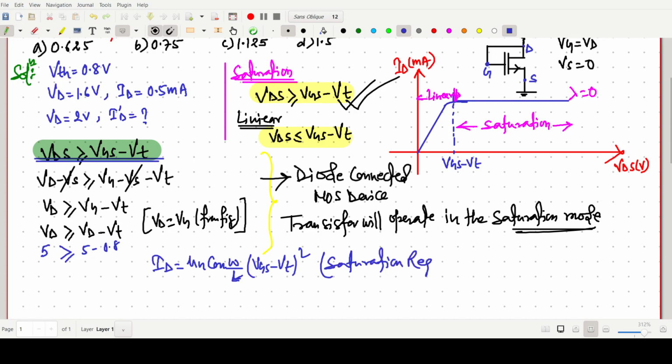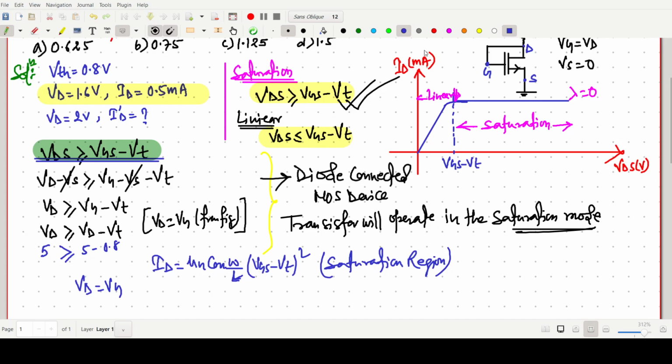I am not writing the linear region equation. In the very first case, this condition is given: VD is the same as VG. So we can write VD equals VG, so VGS will be 0.